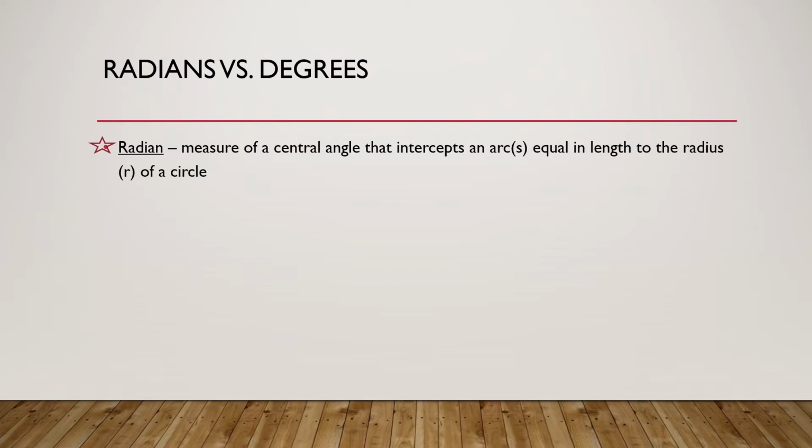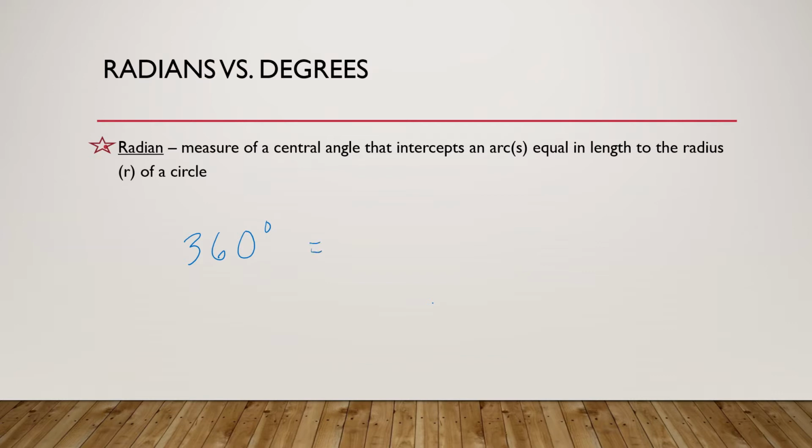A radian comes from laying the radius on the circle's circumference, and that's 1 radian. So what we really need to know is that with a circle, we're used to knowing that there's 360 degrees in a circle.